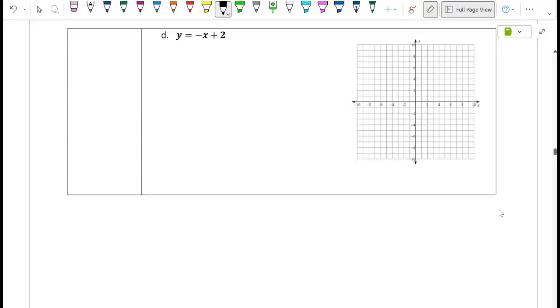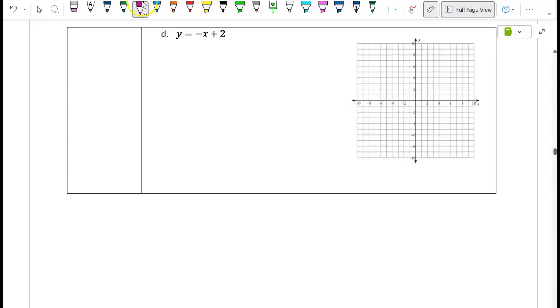Y equals negative x plus 2. Again, we have our slope and our y-intercept. But what is that negative in front of the x telling me? What is my slope? Negative 1. If I have a negative in front of the variable, it's negative 1.